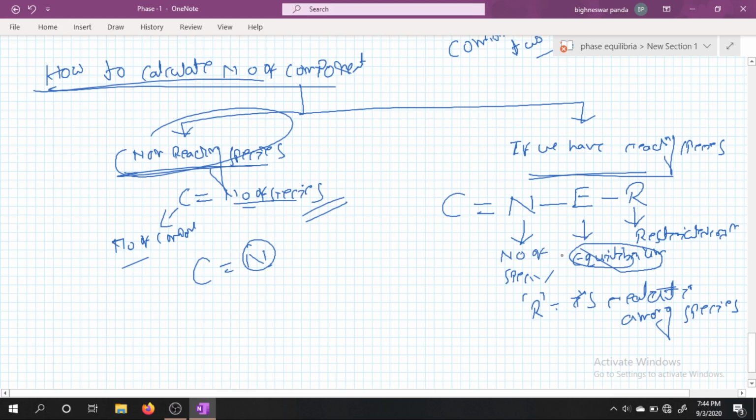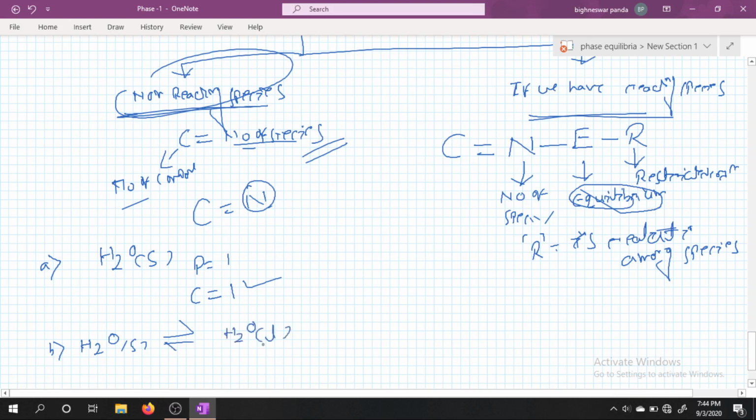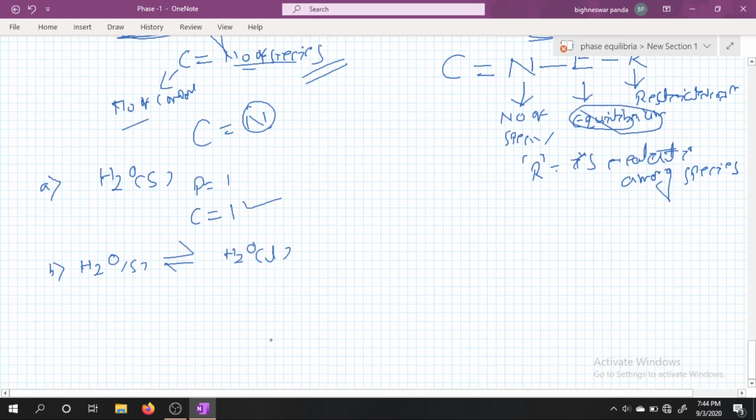So let's start to calculate the number of components. First we have question 1, H2O solid. For H2O solid we have phase equal to 1, so component is also 1, that is a one component system. If we are considering water solid in equilibrium with water liquid, these are two non-reacting species.